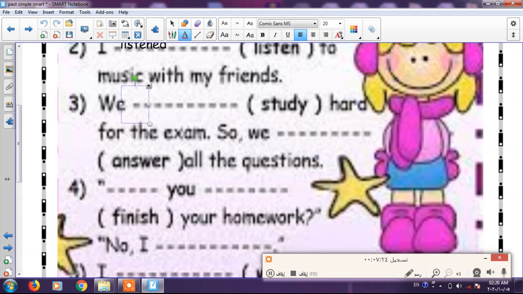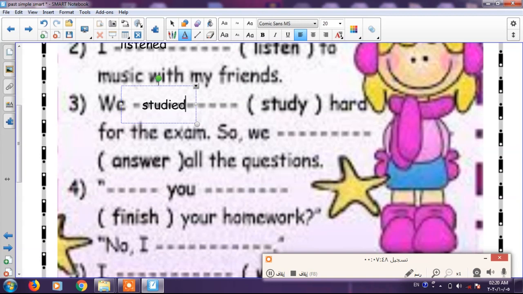So it will be studied. I will cross y and add ied to the verb. We studied hard for the exam.